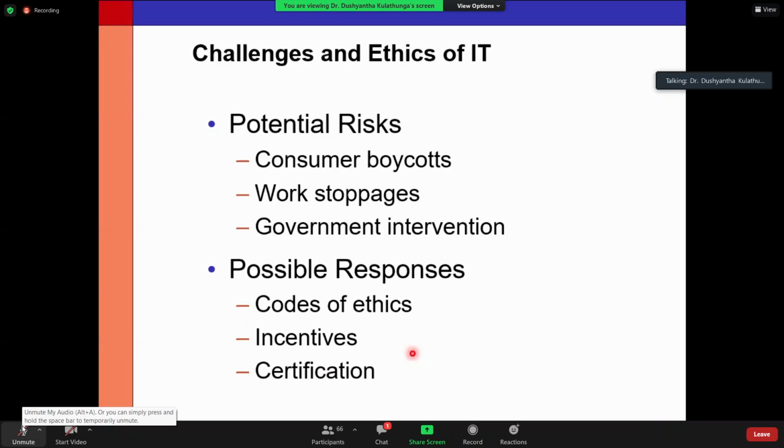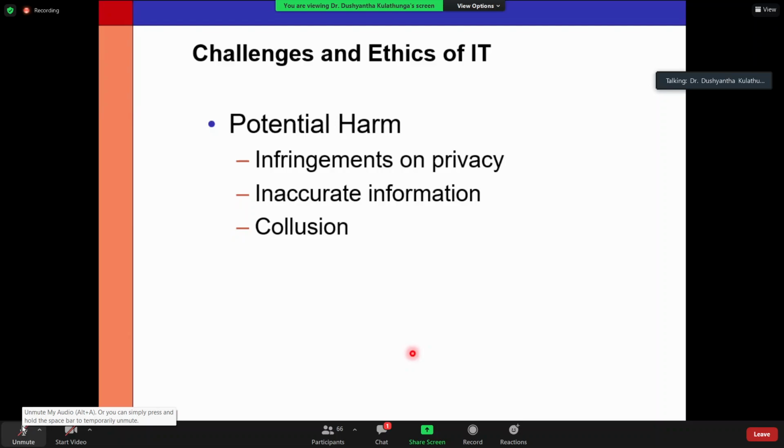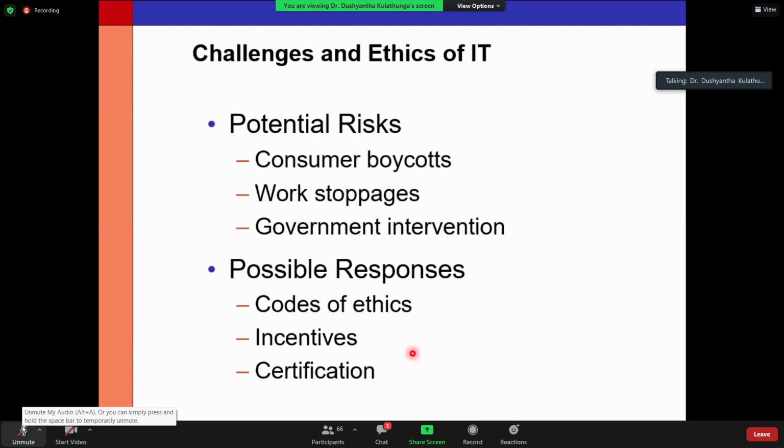Okay, now is there any question regarding these challenges and ethics of IT? Discuss under potential harm, potential risks and possible responses.